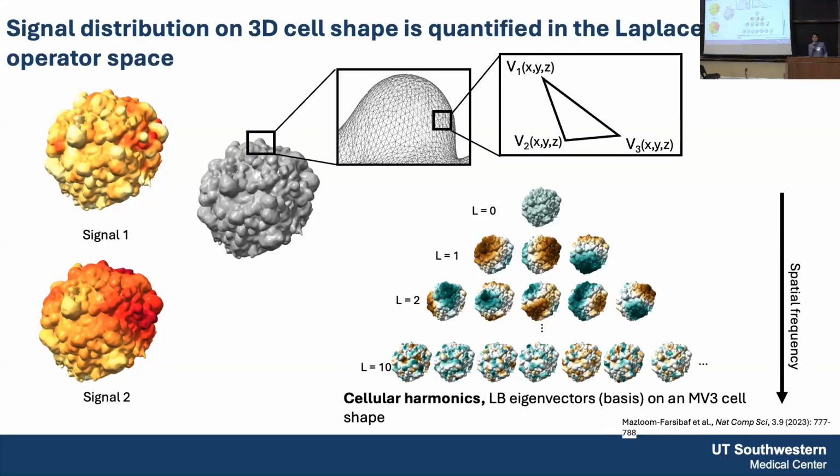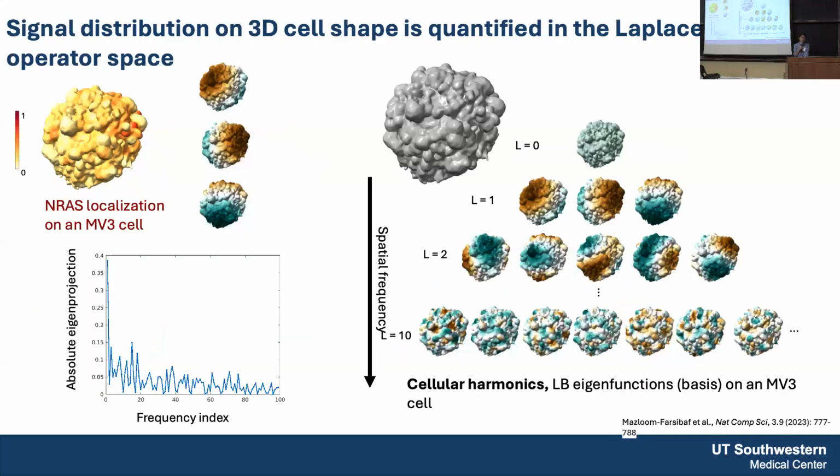It's like a Fourier transform from low frequency to higher frequency level. We can also obtain the eigenvalues, which are descriptive of the shape, and ask, if we have a given pattern on this 3D shape, which of these eigenfunctions is important?